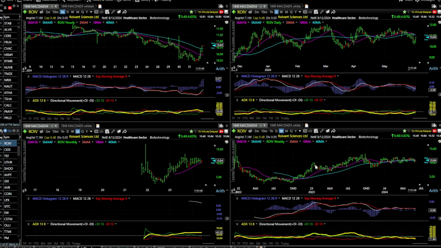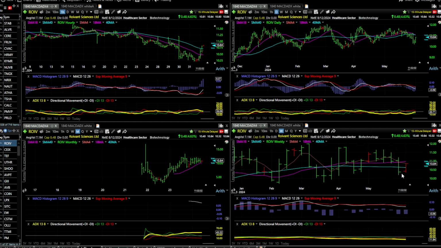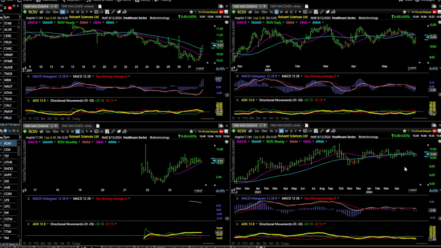However, this goes back years and years. When I'm browsing symbols, there are times when I will use a black background because on TC2000, I can do color coding, and I like to have that NR7 bar so we can see these red bars showing up when we have an NR7 bar. All right. So it's just kind of a nice thing to have.